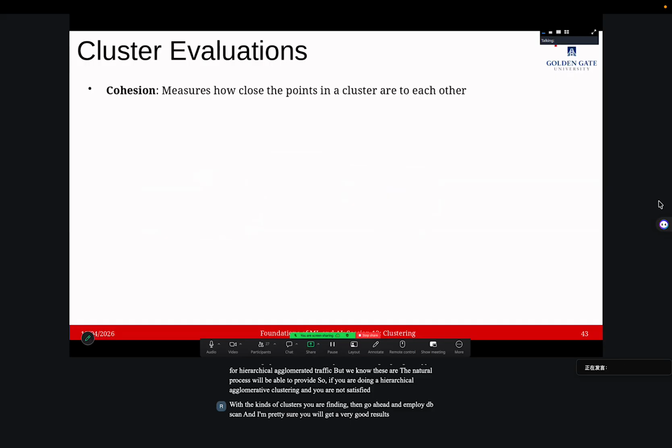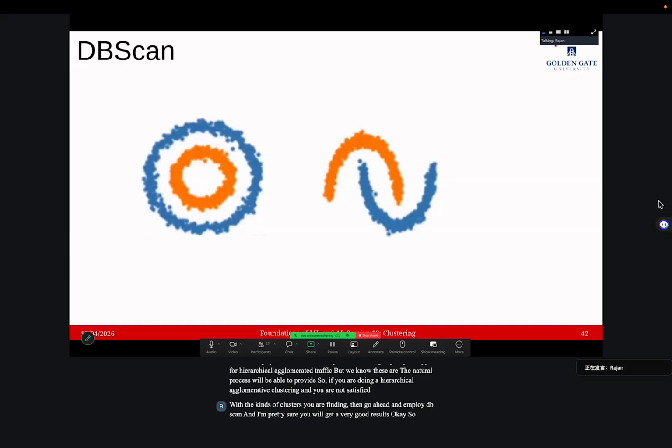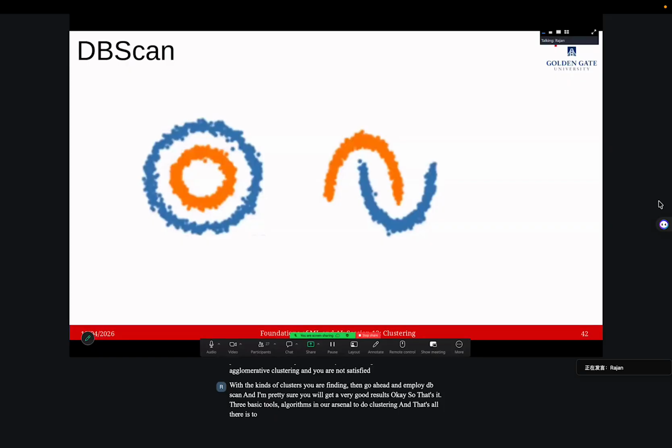Okay, so that's it. Three basic tools, algorithms in our arsenal to do clustering, and that's all there is to clustering. In all these cases, clustering is done based upon distance, which we spent enormous time today to understand.